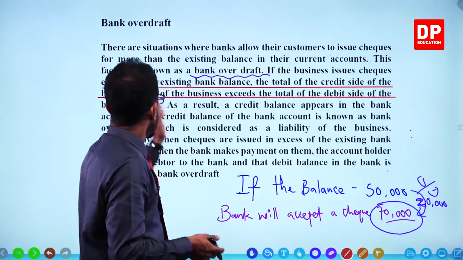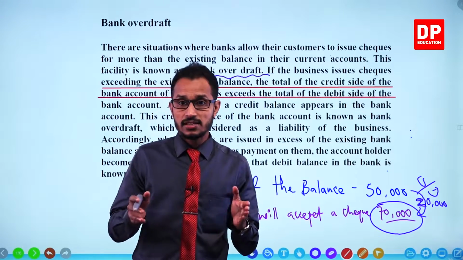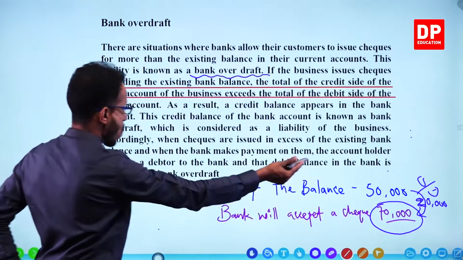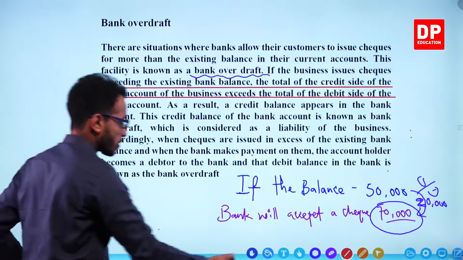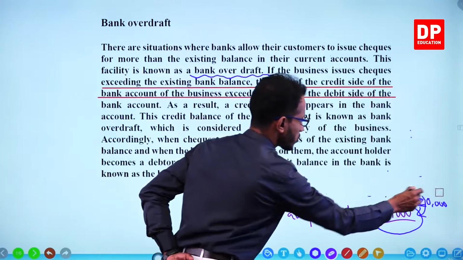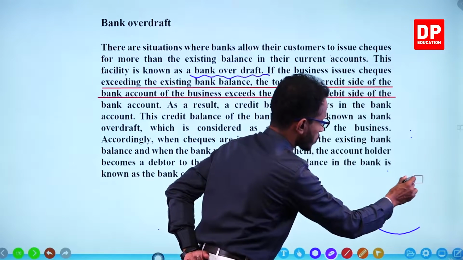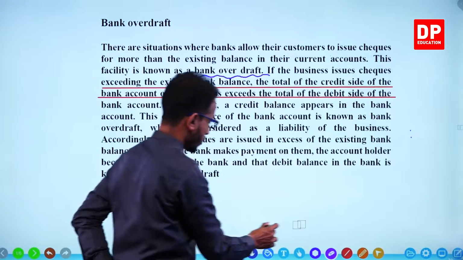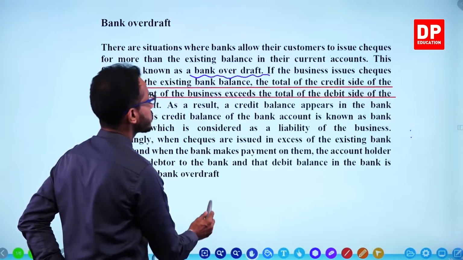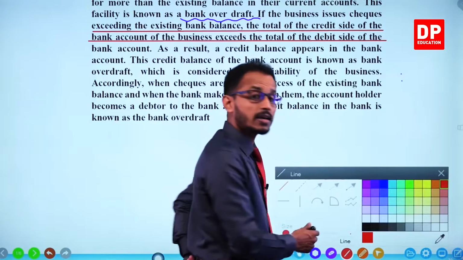So when the balance carried down is taken, children, let's say, I'll just erase this example where I showed you the bank ODs and how bank ODs are given. And I'll use this space to draw a quick bank account.